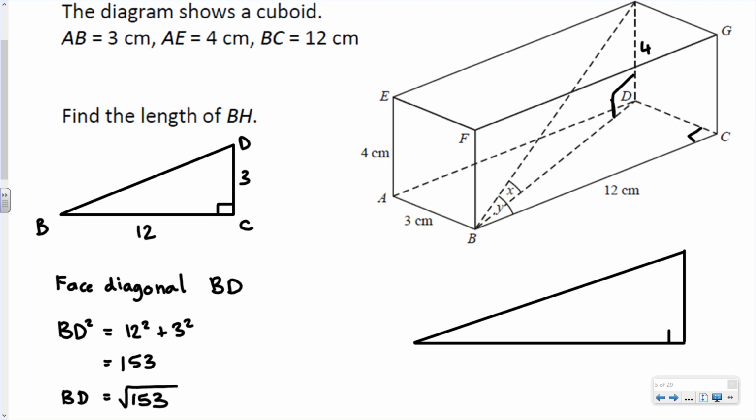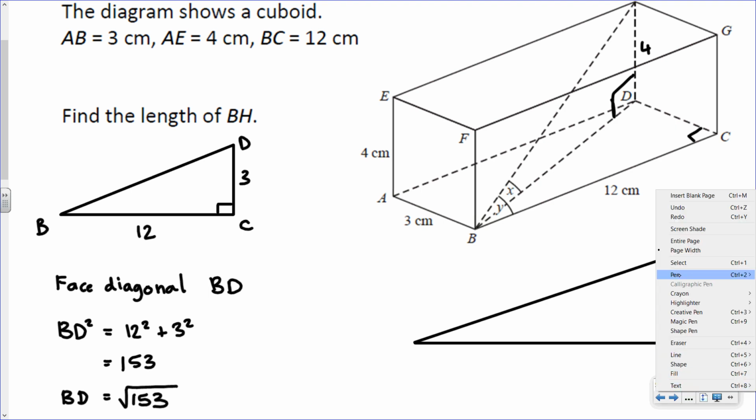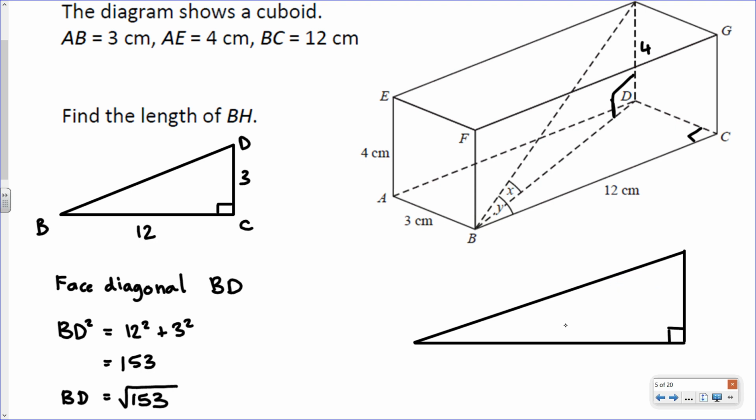So again, that makes a right angled triangle in the space. And I'll write in these letters here. So we've got B, H, and then D. So I've just worked out that B to D is in fact the square root of 153. And I already know that this height is 4.